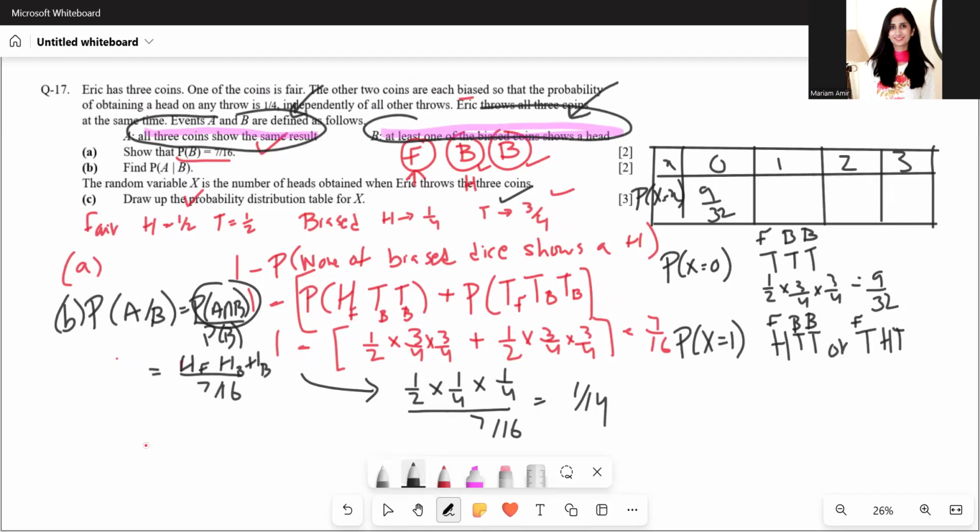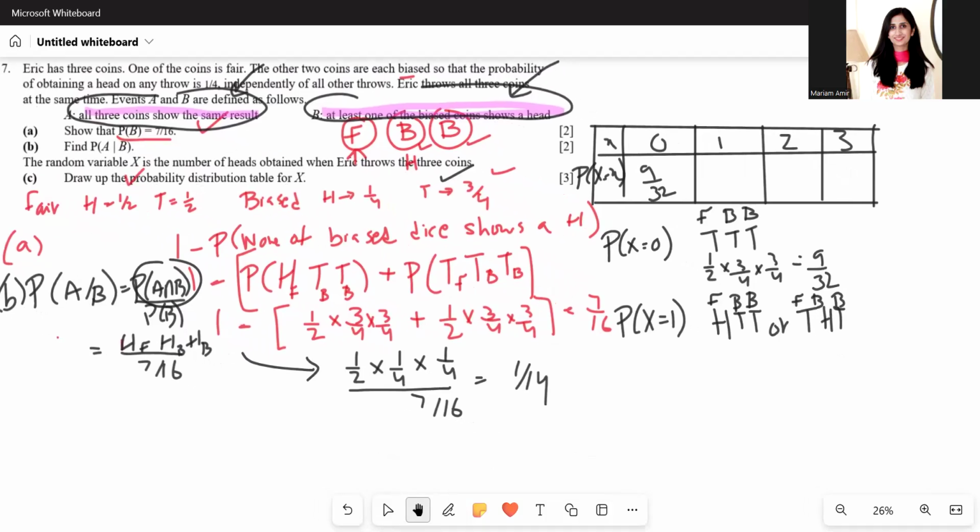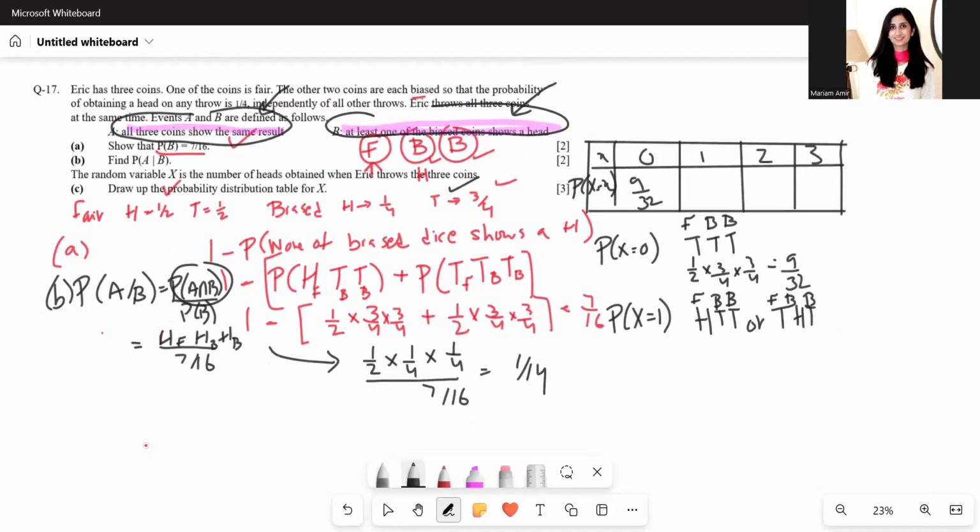So the fair coin is a tail, then the biased coin is a head, and then the other biased coin is also a tail. Or we could have a tail for the fair coin, and then a tail for the biased coin, and then a head for the biased coin.